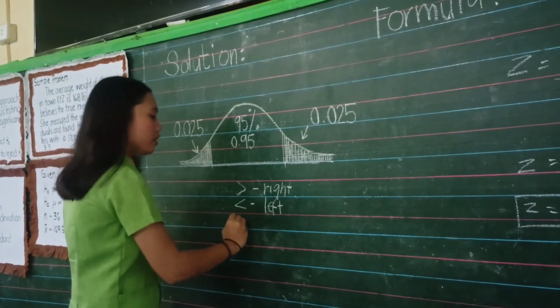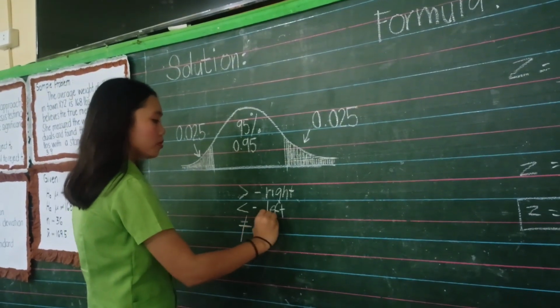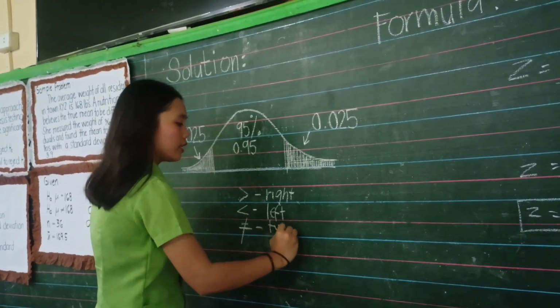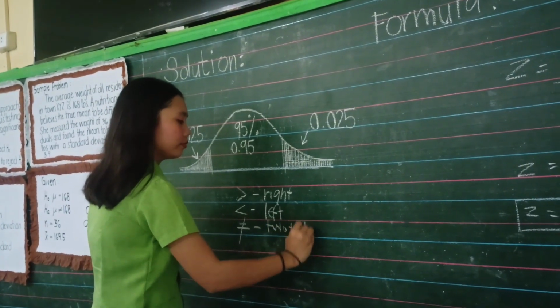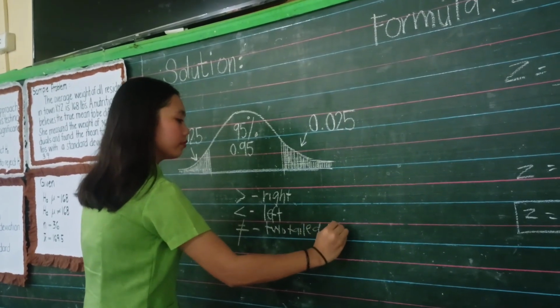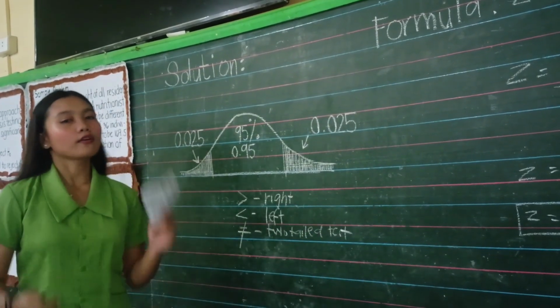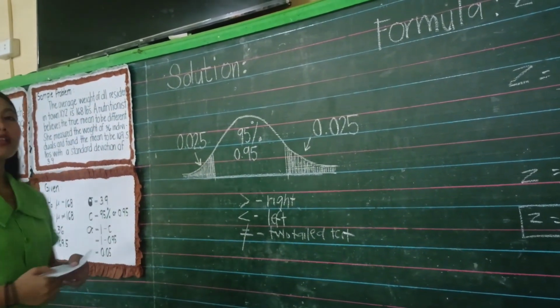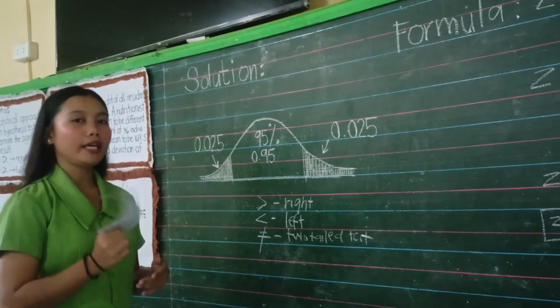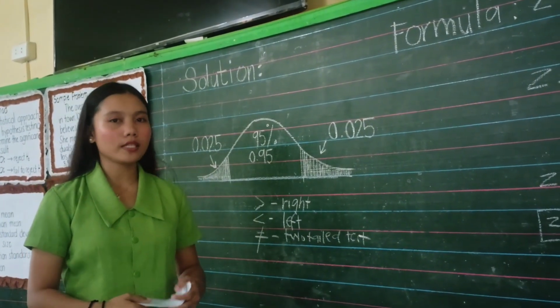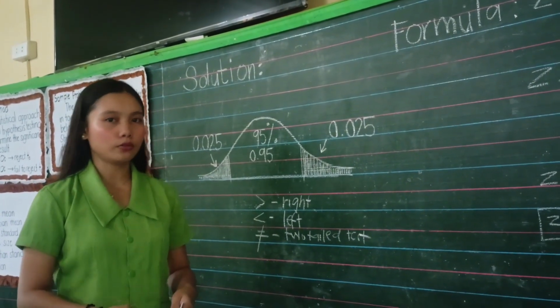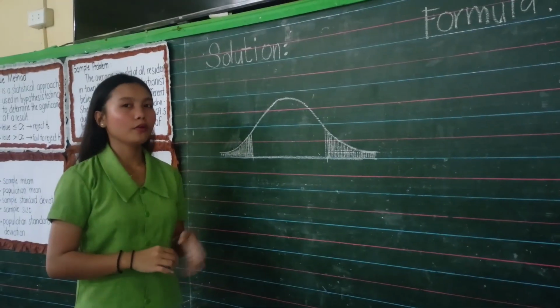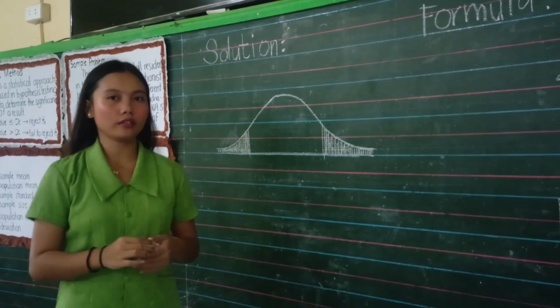And if the sign is not equal to, we use a two-tailed test. In our problem, our alternative hypothesis is mu is not equal to 168, so we use a two-tailed test.